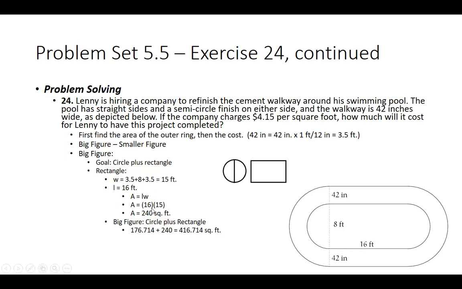Length times width then would be 16 feet times 15 feet, which is 240 square feet for the area of the big rectangle. So for the big figure, the big circle was 176.714 square feet. The big rectangle was 240 square feet. That gives us an area for the big figure of 416.714 square feet.